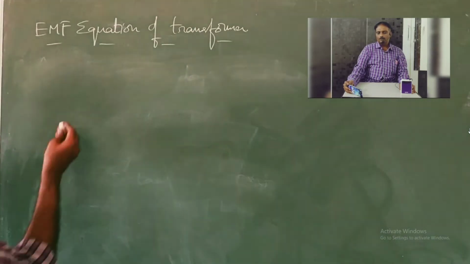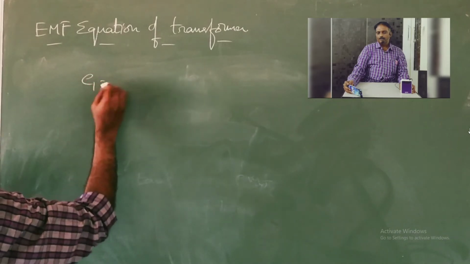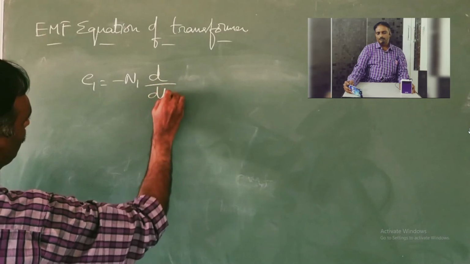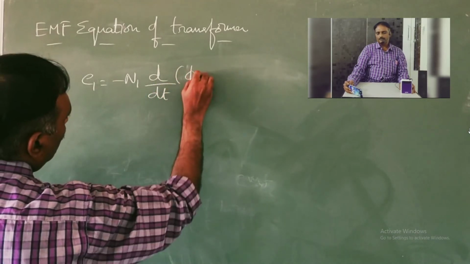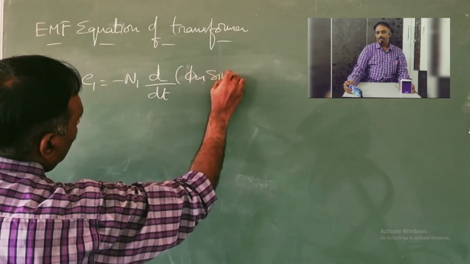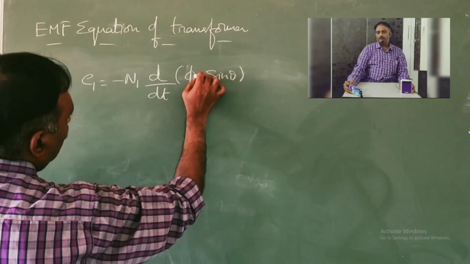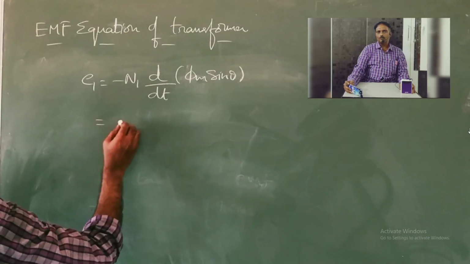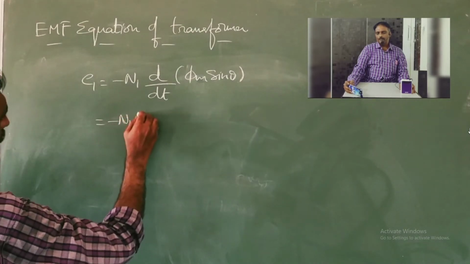E1 is equal to minus N1. Here we get the negative sign due to Lenz's law that we shall deal in the coming classes. Minus N1 into d by dt of the flux, which is phi m sin theta. So here the equation of flux is phi m sin theta, we have to remember very carefully.